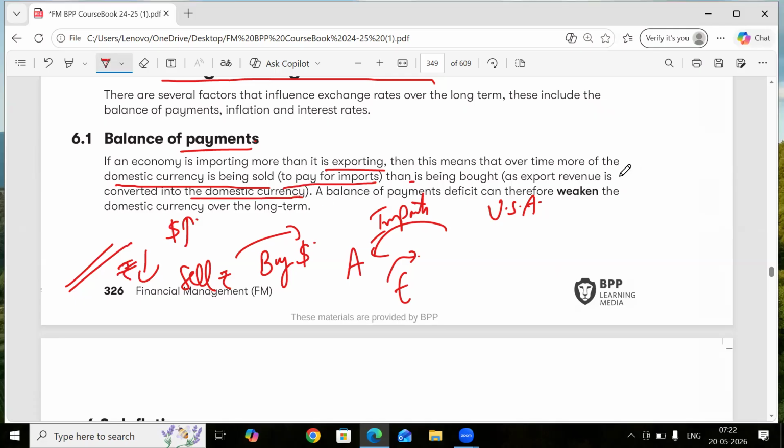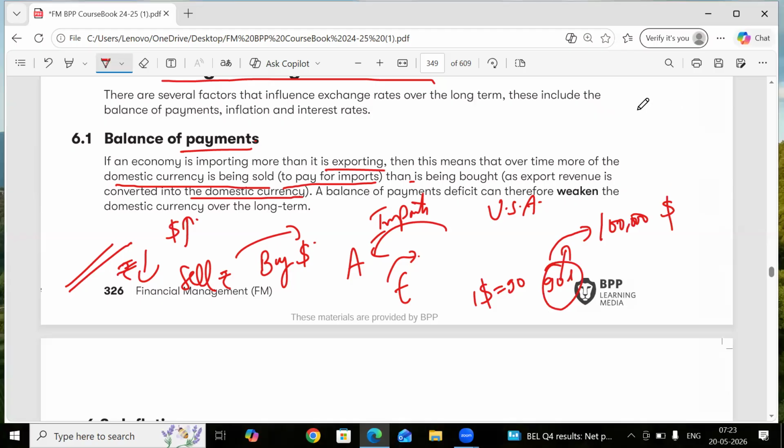That means, let's say the imports are of 1 lakh dollars. So what will happen? You need to make the payment to suppliers or importers for 1 lakh dollars. So $1 today is trading at 90. So 90 lakh rupees you need to pay to buy 1 lakh dollars.